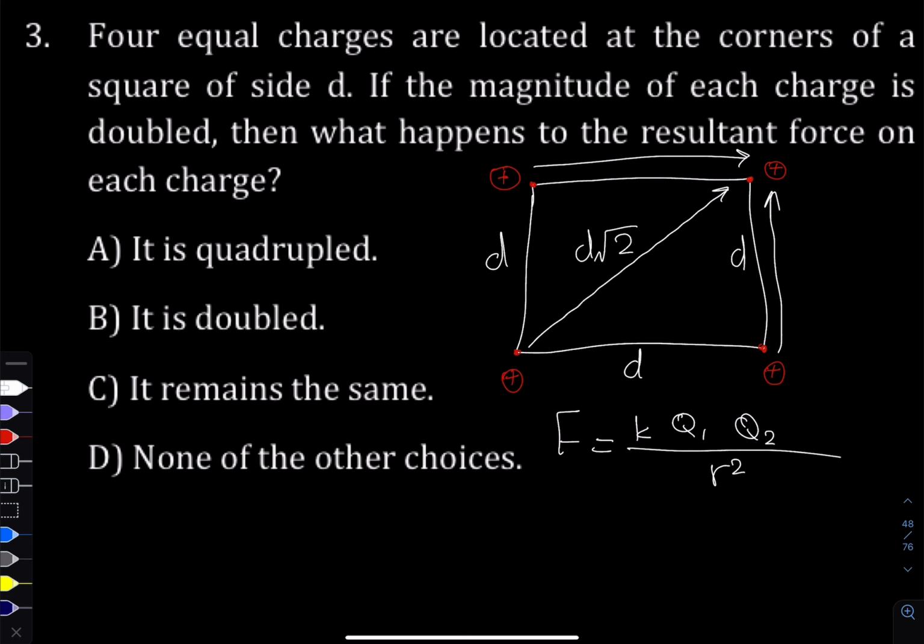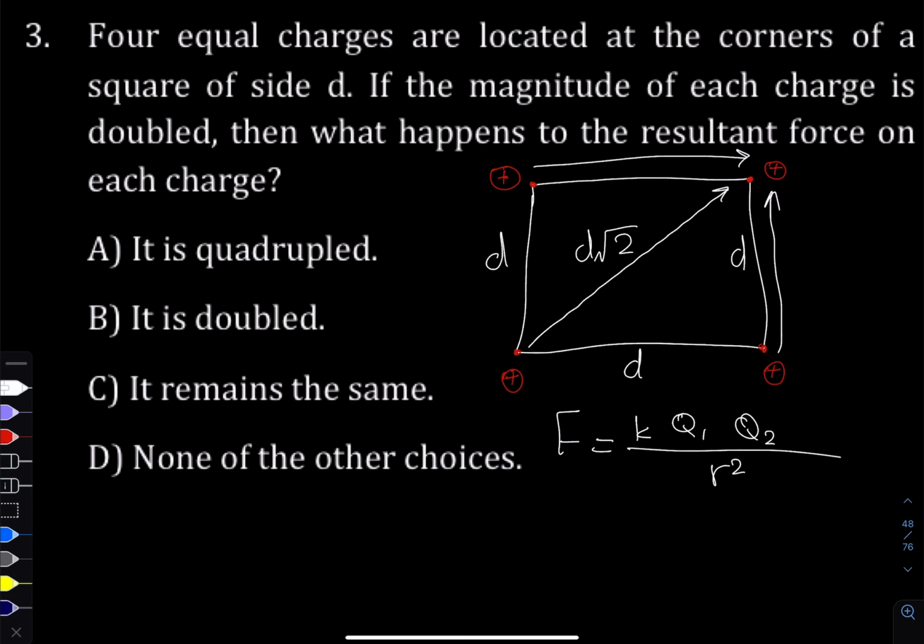You can solve this problem out the entire way, and I will here. But basically, all you need to really understand is that in all the 3 equations that are going to be defining the force on this charge here, you're always going to have Q1 and Q2.